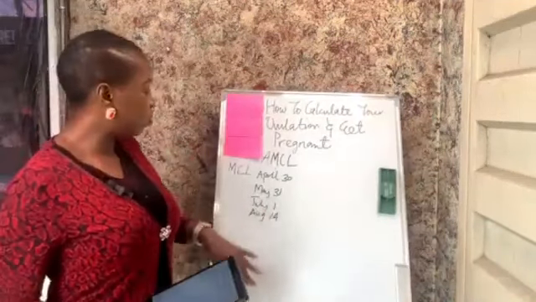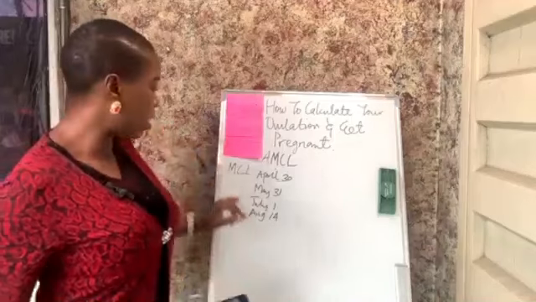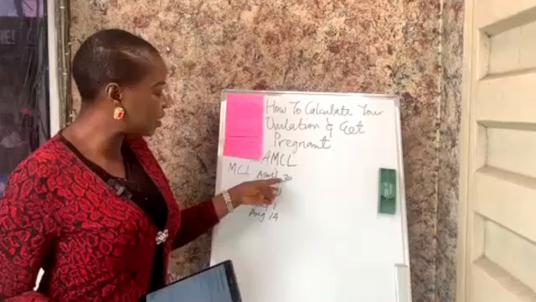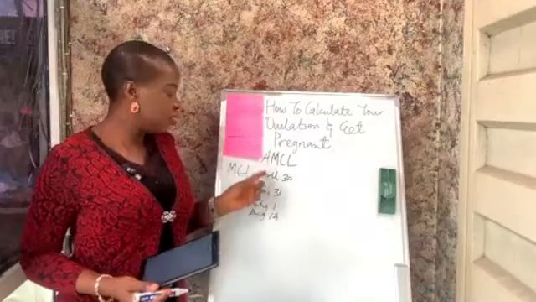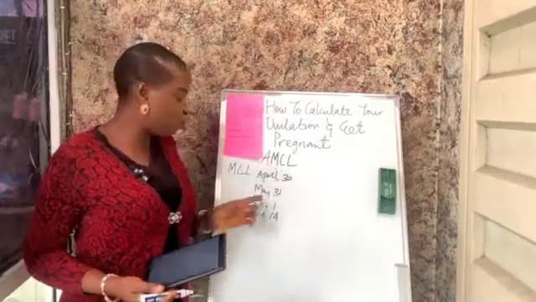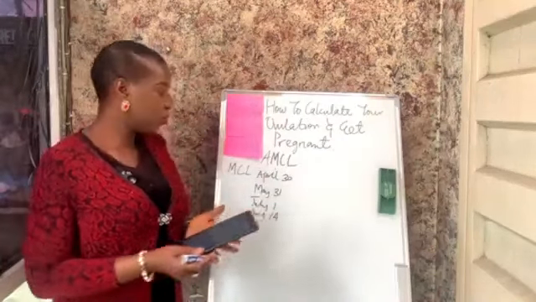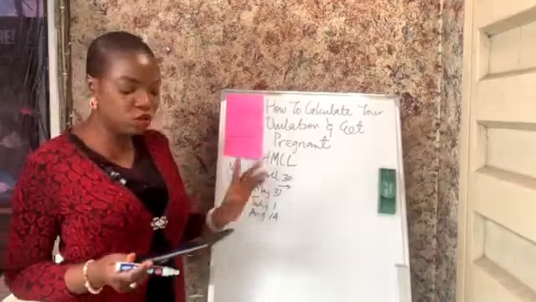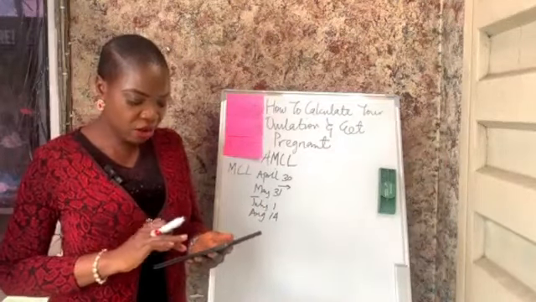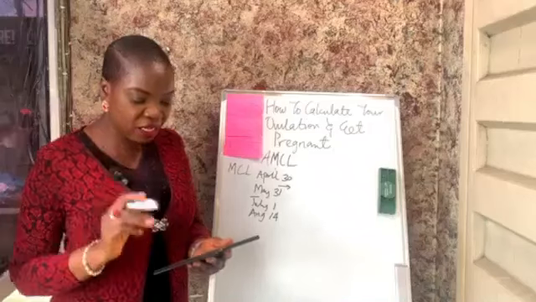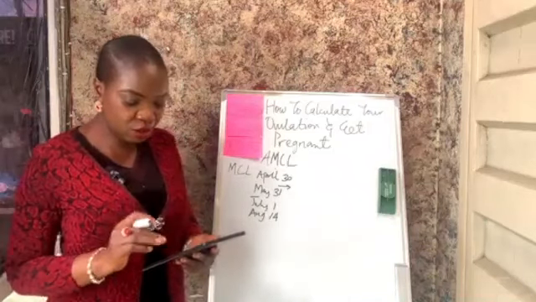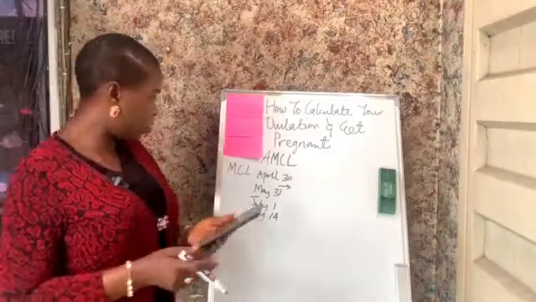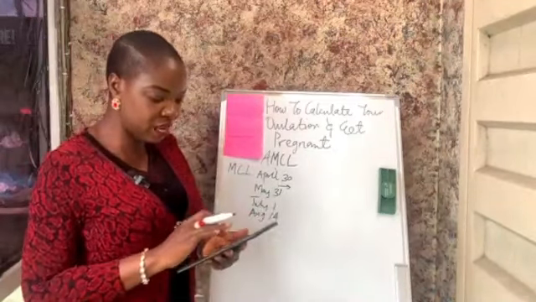To calculate our menstrual cycle length, we're looking at this date to this date, April 30th to May 31st. For this cycle, you just go to your calendar and check how many days she had during that period. So I'm going to my calendar, then going to April 30th.